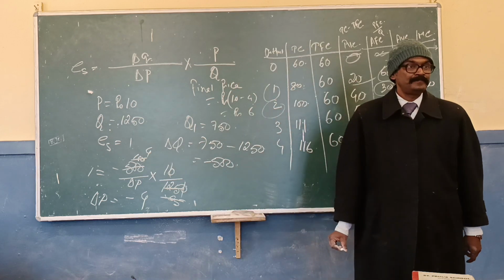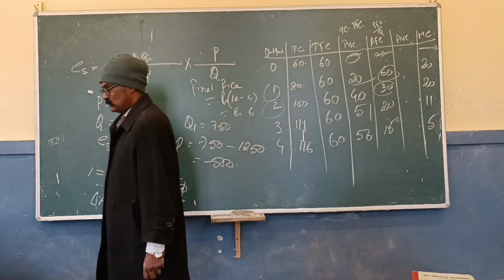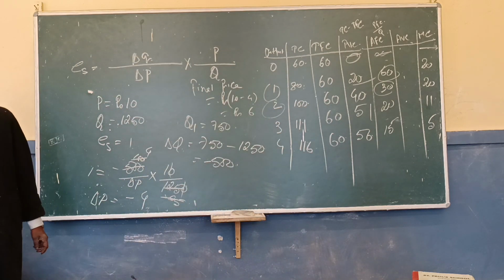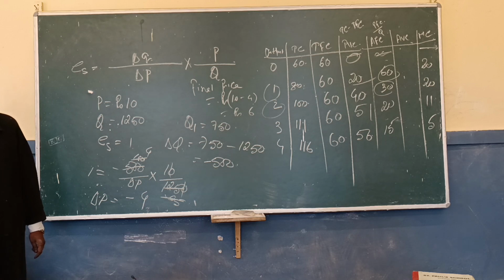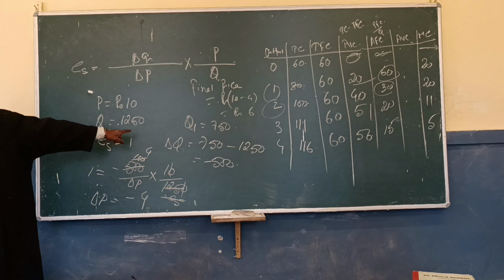The problem is that by chance you can make a mistake over the sign. If you make delta P a plus 4, some students will just add 10 plus 4 equal to 14.